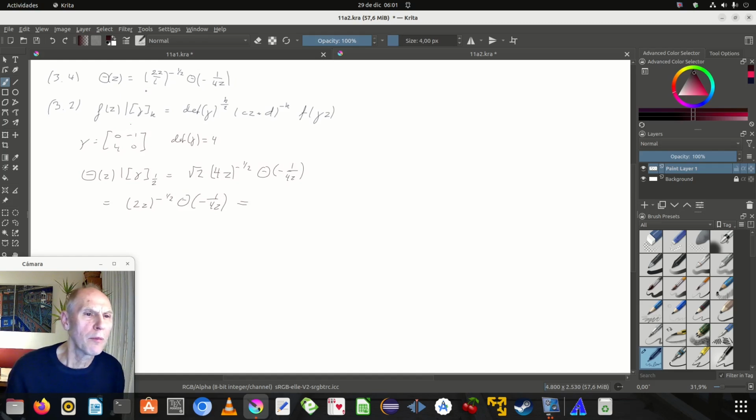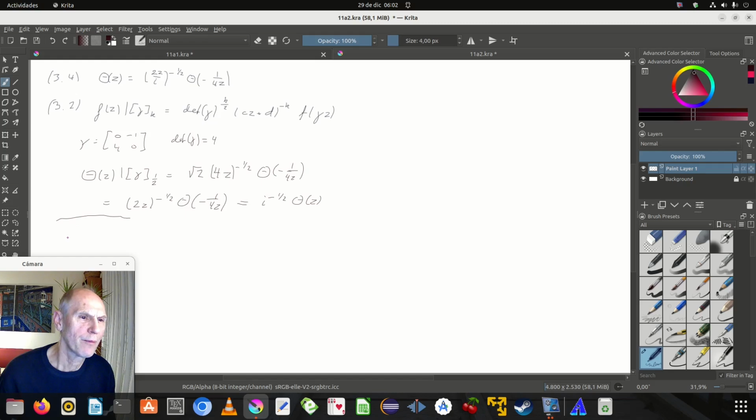And now we can apply this formula. So it's I to minus 1/2 theta of z. And we have a functional equation here.